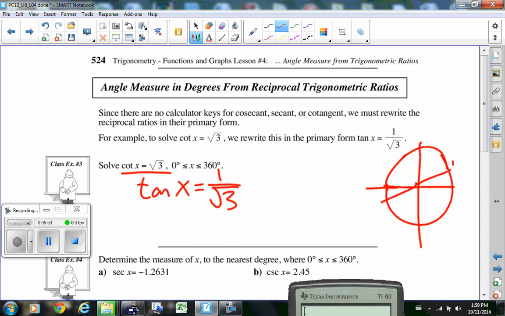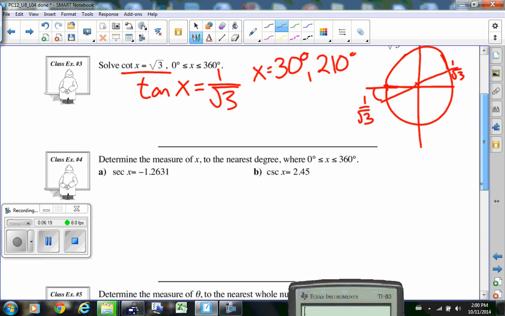Slope of 1 over root 3, slope of 1 over root 3. So my tan is the slope. And so this will happen when x equals 30 degrees, or 30 degrees past 180, which is 210 degrees.